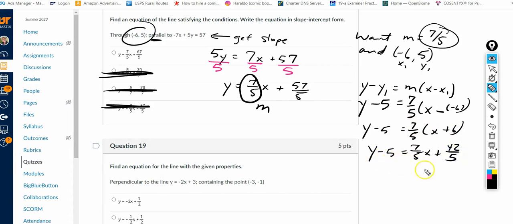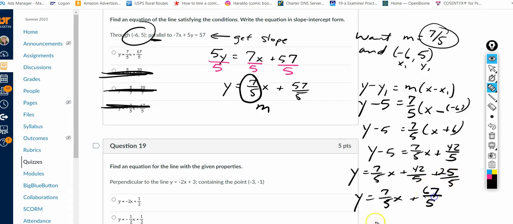Then to get y by itself, I'm going to need to add 5 to both sides. Now I can add those together with my calculator and it will give me a fraction, or I can rewrite 5 as 25/5. This is how you did it in the olden days before graphing calculators. And in the top I'm going to have 42 plus 25, which is going to be 67. Okay, and that does match with that one there.